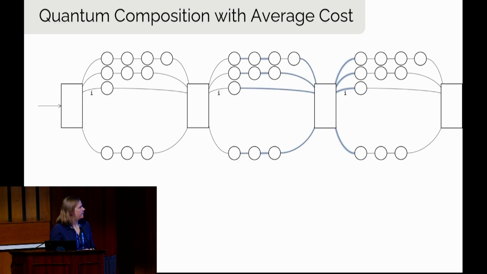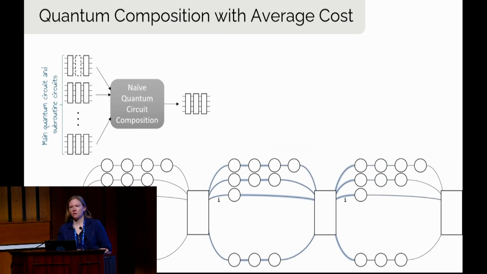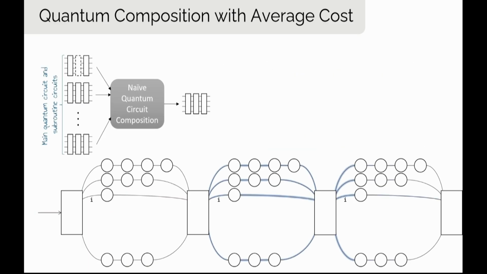Okay, so of course, that's not what happens if you compose algorithms using naive circuit composition. As I argued, you get something like this. And that's because in naive circuit composition, once you're finished very early on some of these subroutines, you're like, well, I can't apply the unitary until my whole state is done. So you just wait.